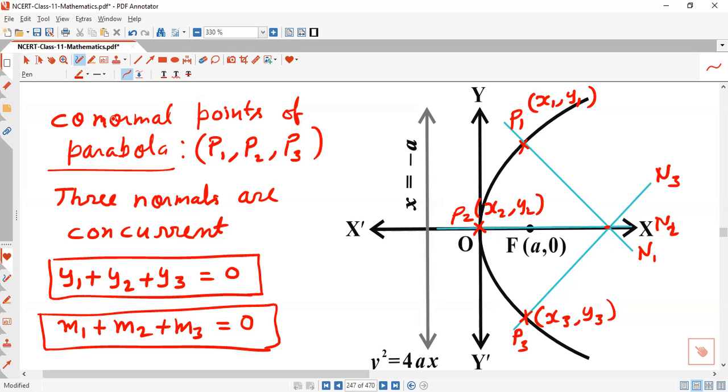The points are co-normal only when these two conditions are satisfied, where m1, m2, m3 are the slopes of the normals n1, n2, n3.